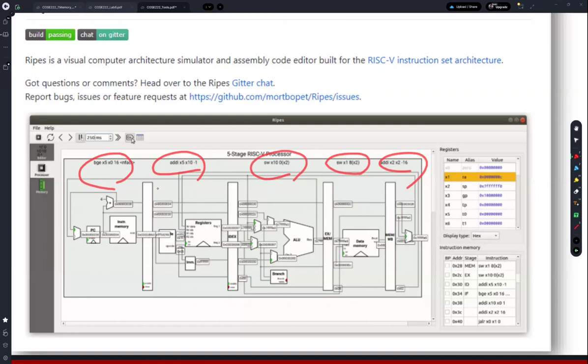This binary code includes an instruction that causes a bug in this RIPES simulator. So you can check the bug using the provided binary code, and I don't think the bug is fixed. Anyway, this simulator is a very good tool.